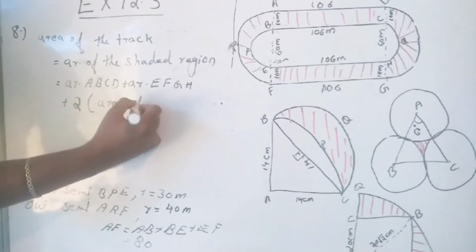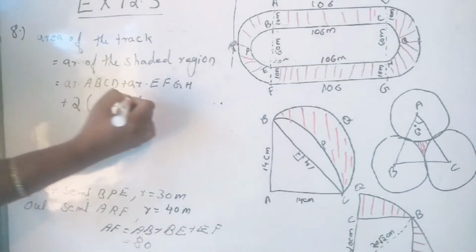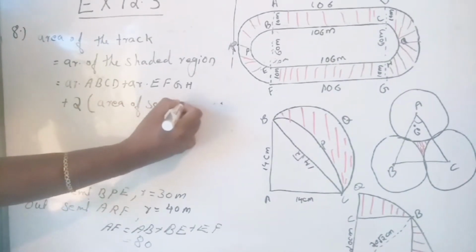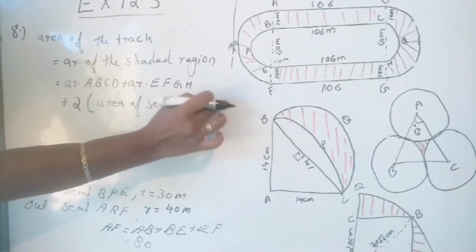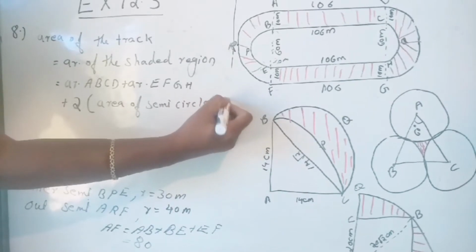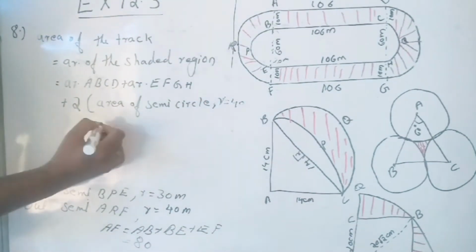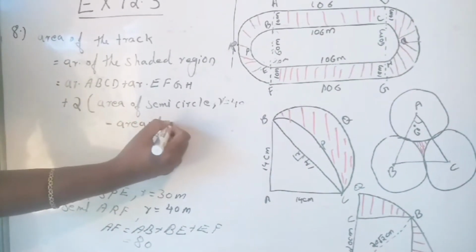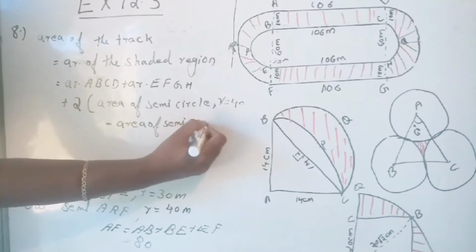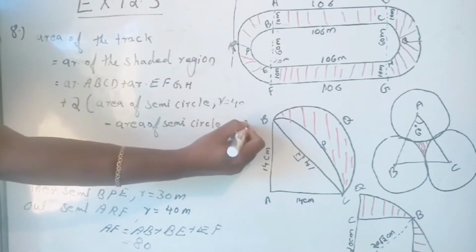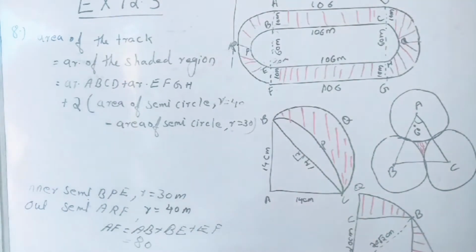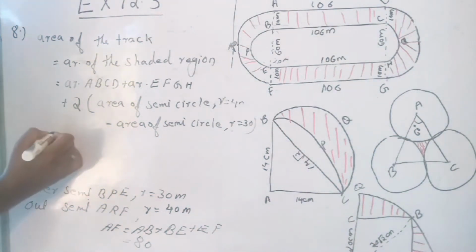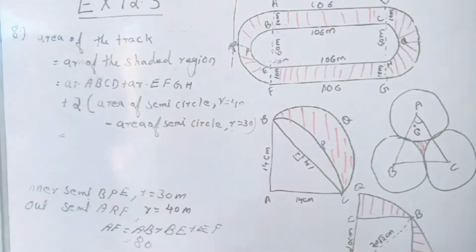So that is area of semicircle with radius 40, that is our outer semicircle, minus area of semicircle with radius 30. Okay, and this is equal to, what is the area of ABCD?